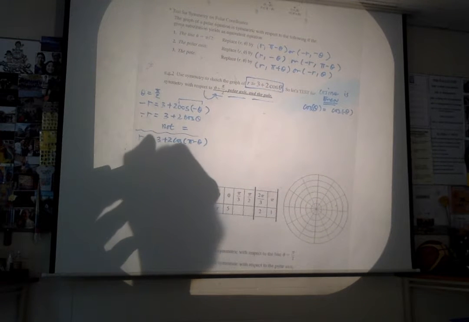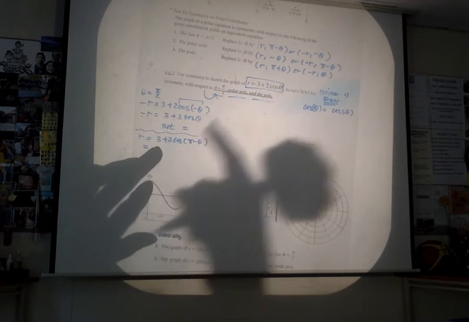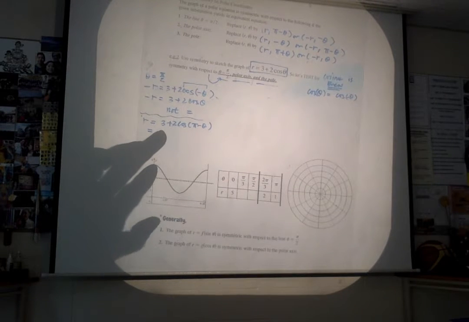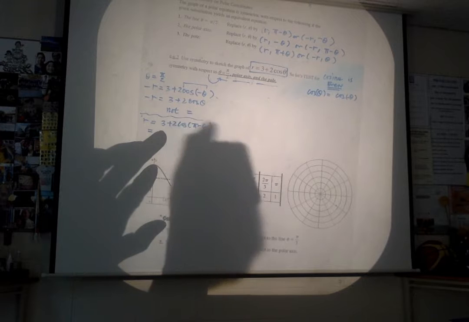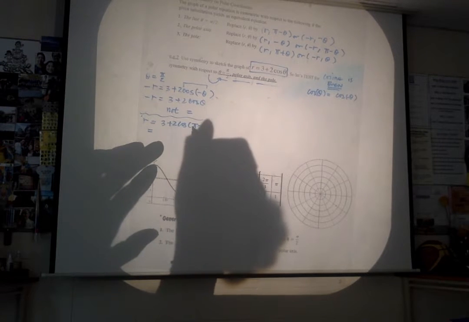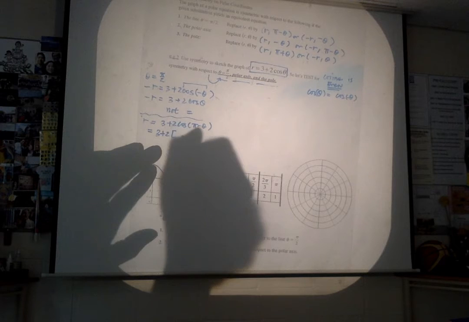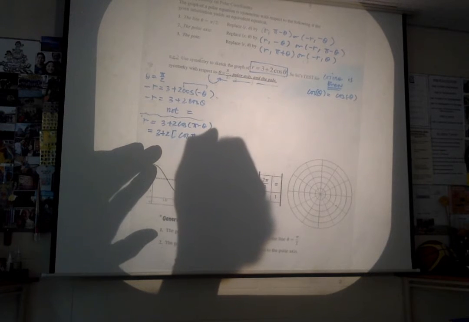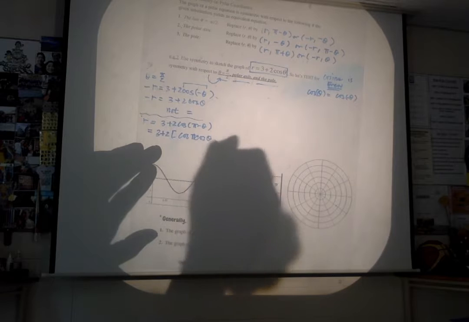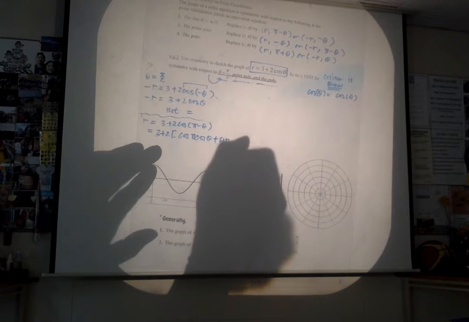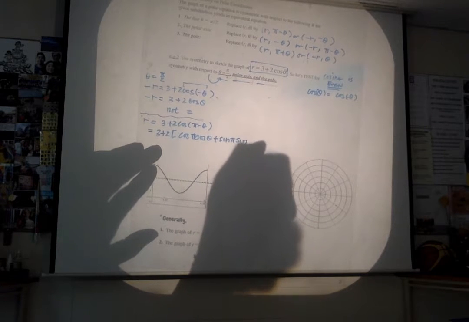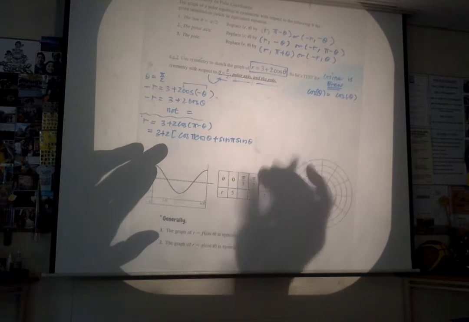So now I see here it's going to equal, remember, this has to simplify to this in order for it to be equal. I have to use the subtraction trig identity here. Okay, difference, right? So it's going to be 3 plus 2 times the bracket cosine theta cosine pi plus sine theta sine pi, sorry, the bracket, okay?